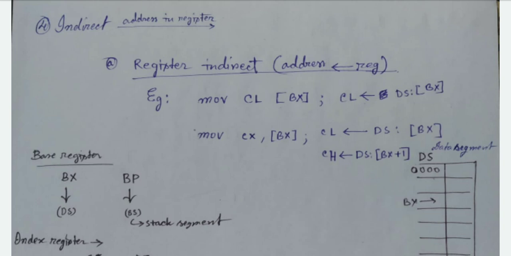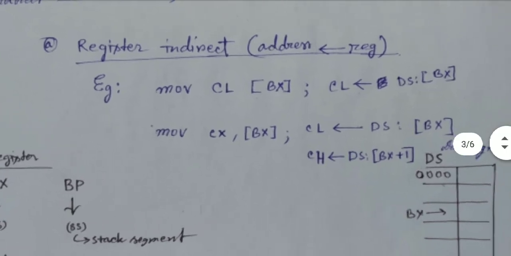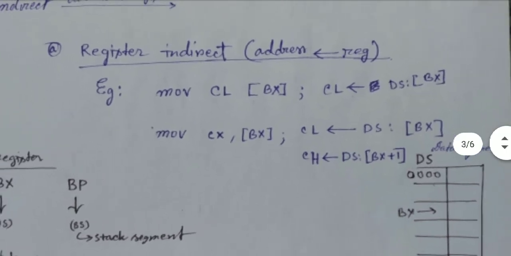The first one is register indirect. We can see that here, in the register indirect, it is BX in the square bracket, where BX is a register. Let's take the first example: MOV CL, [BX].